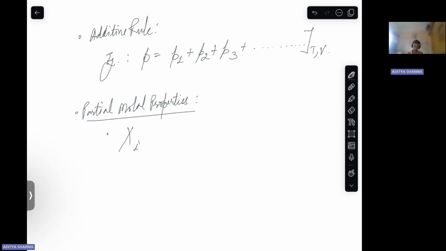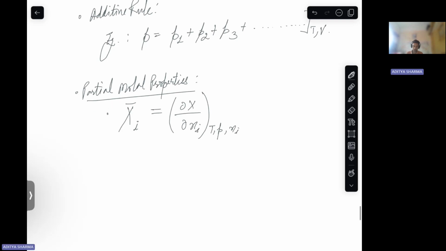One component is the i-th component, and its partial molar property can be written this way. So this is partial differentiation with respect to your number of moles, at constant temperature, pressure, and number of moles of the other components.